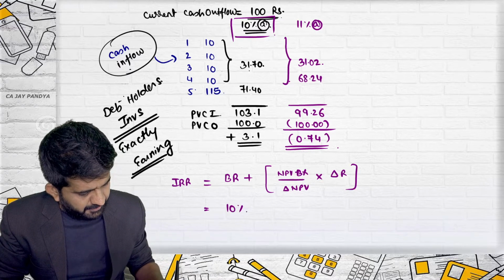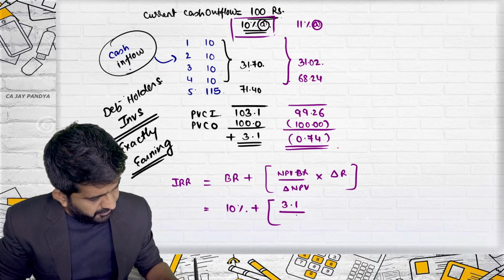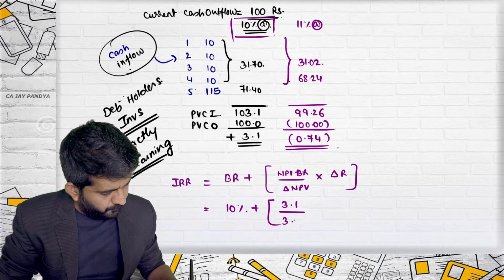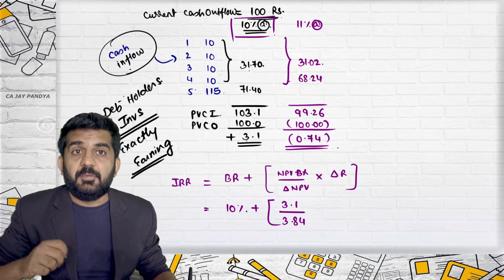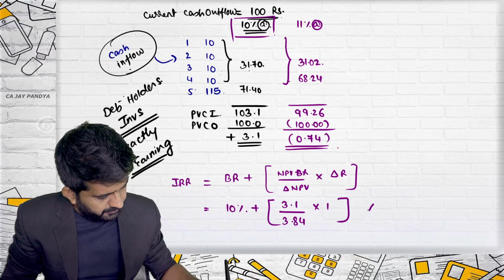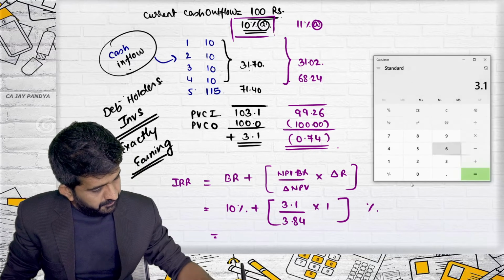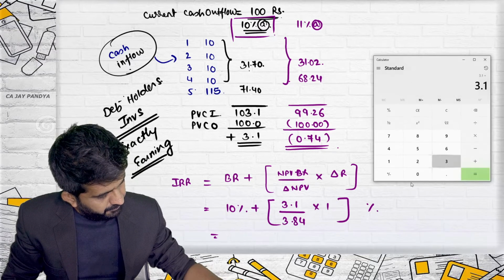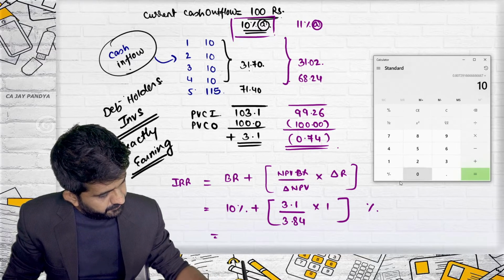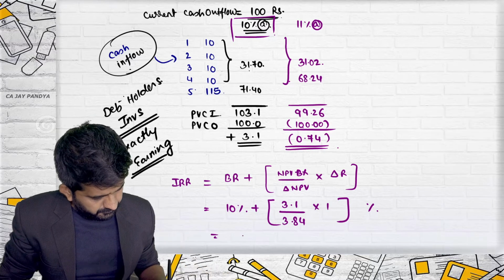Base rate is 10% plus NPV at base rate is 3.1. Difference in NPV will be 3.84. It is 3.1 minus 0.74, multiplied by 1. 3.1 divided by 3.84 plus 10. What is the answer? 10.81.